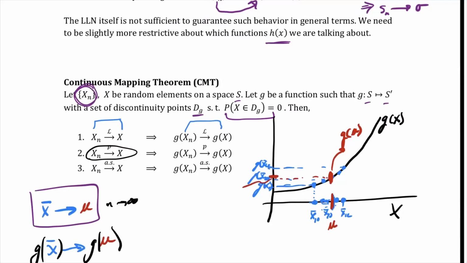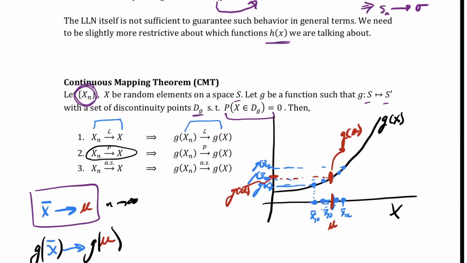And this red line here is g of mu. So if you could see the dots right down here, this convergence and this convergence are related. Converging to the red on the x-axis converges to the same point on the y-axis, just in the functional space. And that's all because this nice black function is nice and neat and smooth.